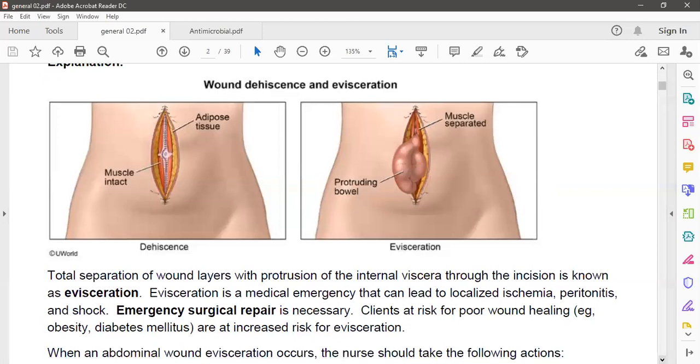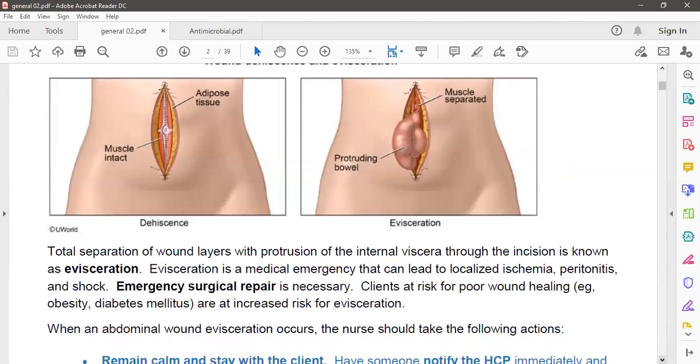Okay, so it is easy to remember: evisceration starts with E, the organ is extruded out of the body. Dehiscence is not like this.